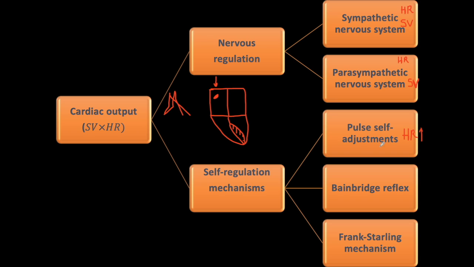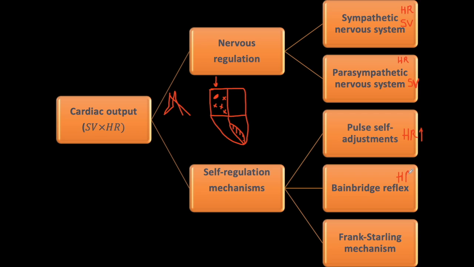But what about the Bainbridge reflex? Again, in Bainbridge reflex, the venous return will increase, and as a result, some stretch receptors in the wall of our right atrium will be stimulated and will send some messages to our baroreceptor center in the brain, so that our sympathetic nervous system, via different mechanisms, increases the heart rate, and so our cardiac output again increases, right?